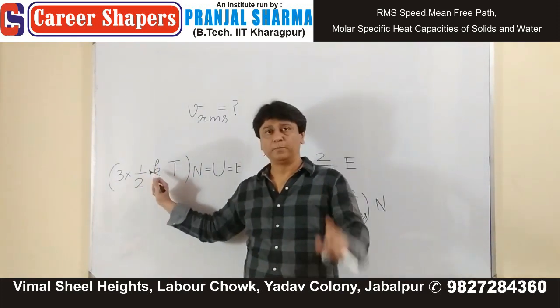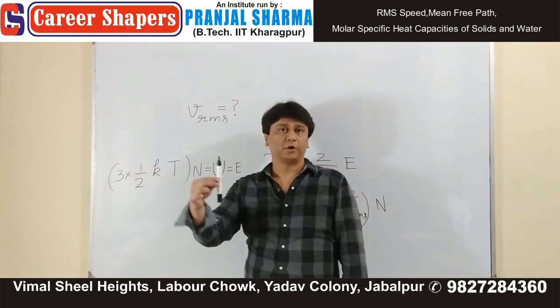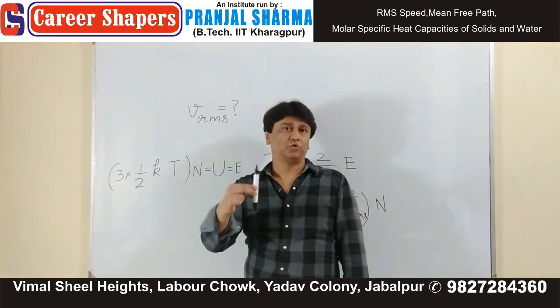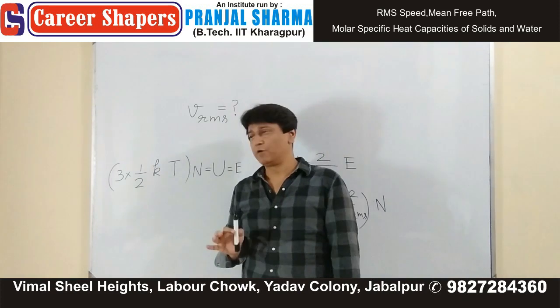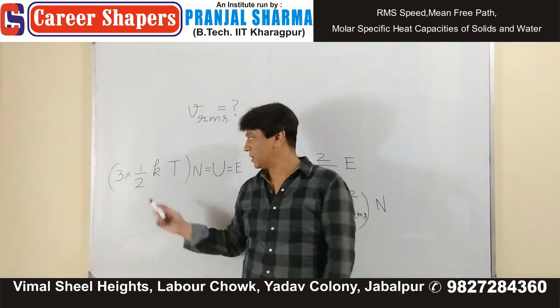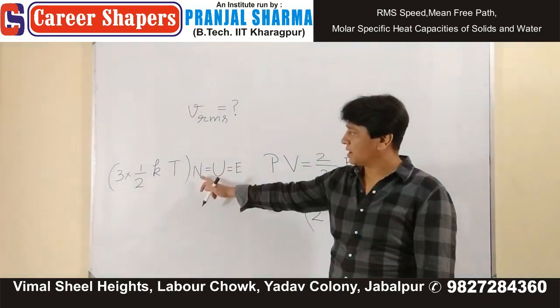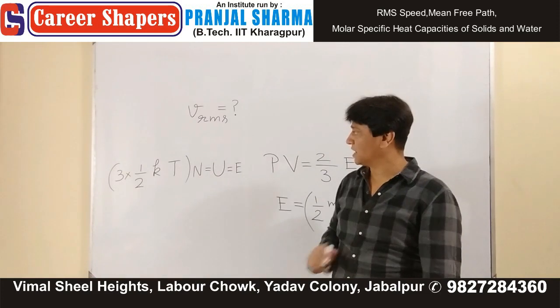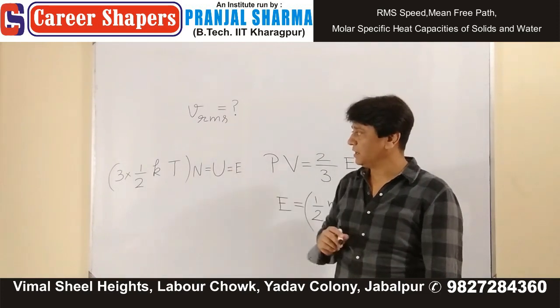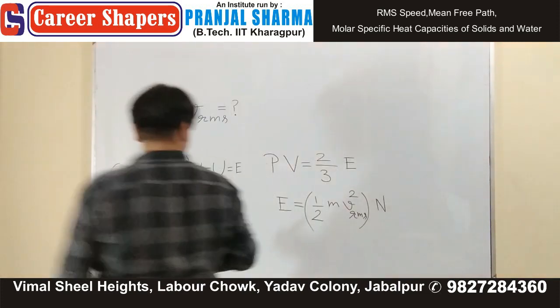Energy per degree of freedom. A monatomic gas molecule has 3 translational degrees of freedom. For simplicity, we'll talk about monatomic only. 3 by 2 kT. There are n molecules present inside. That gives us E as 3 into kT by 2 multiplied by n.